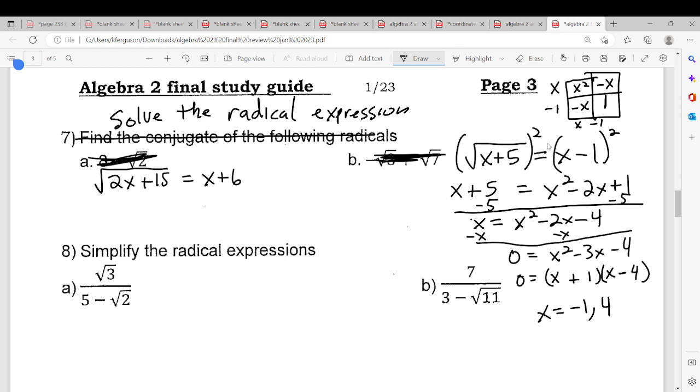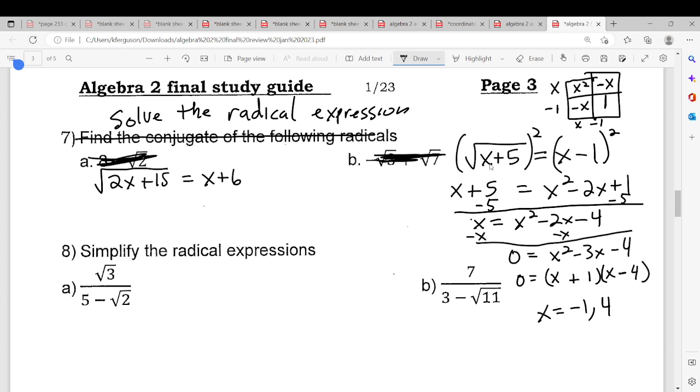No big deal. But just to give you a for instance, I don't want to confuse you, but just for instance, if I worked this out and I got a negative 7. If I plug negative 7 in here, I got negative 7 plus 5. That gives me a negative 2 under the square root.